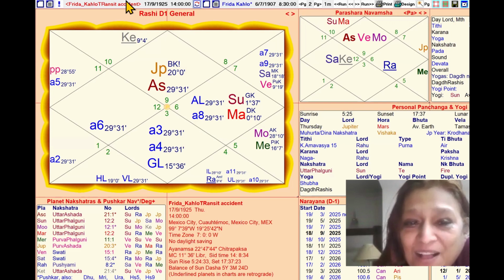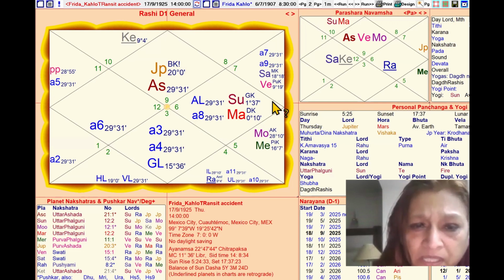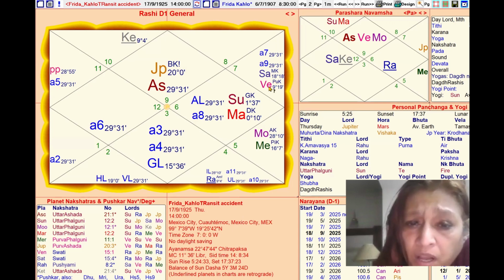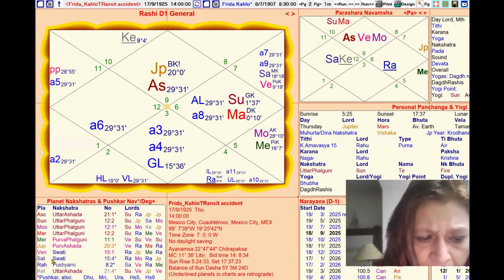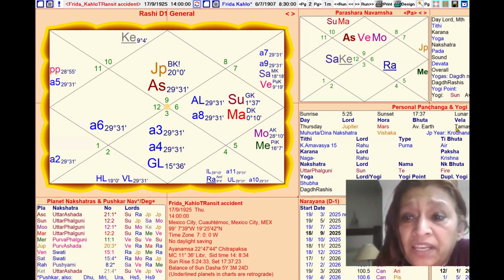Anyway, as you can see here, that's the transit at the accident. Saturn is with Venus. So, of course, Venus did save her. I think Venus is also in Swati. Look at the irony.